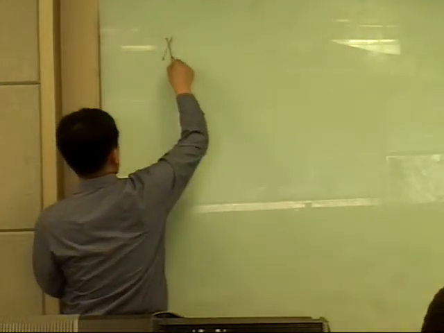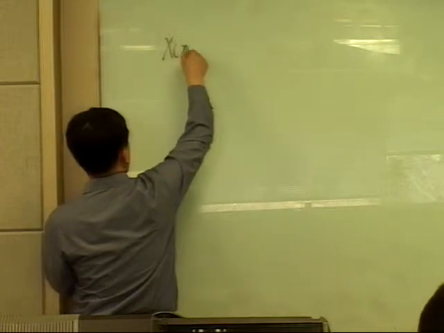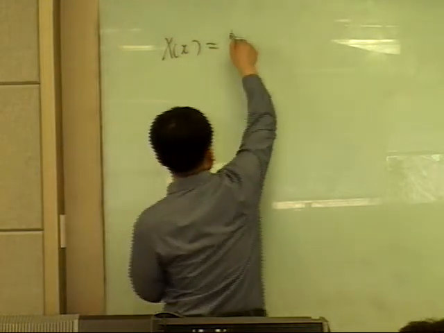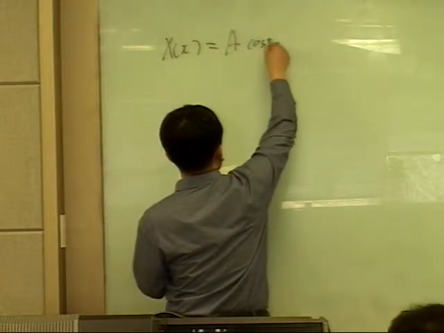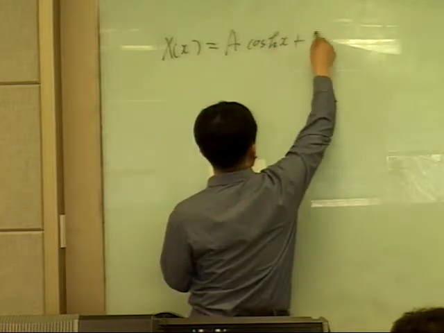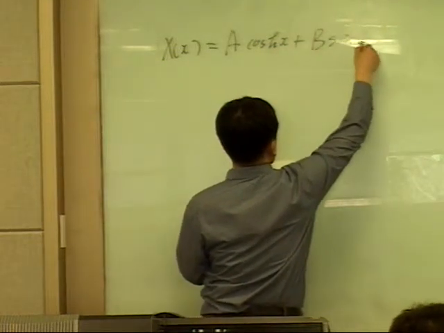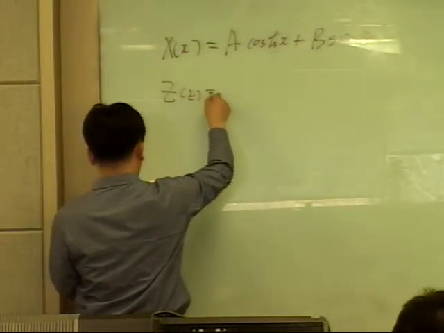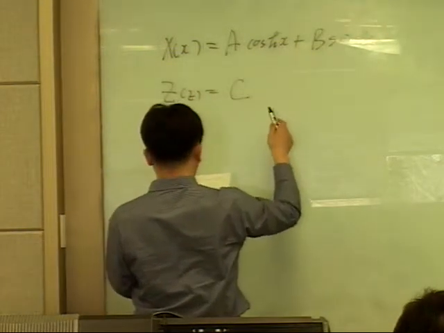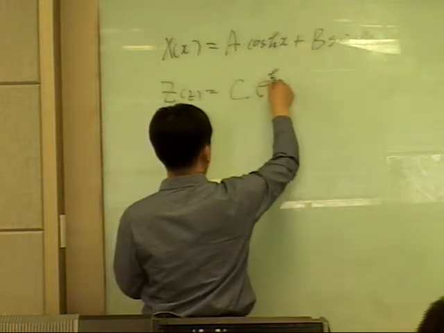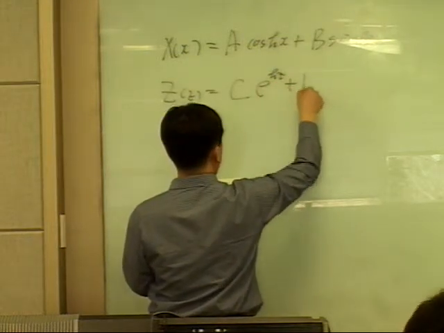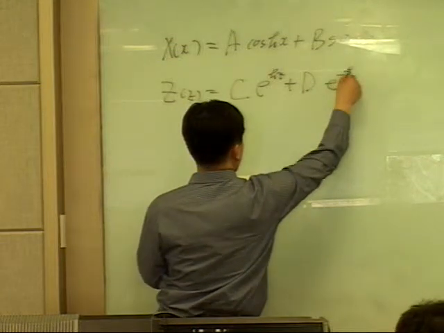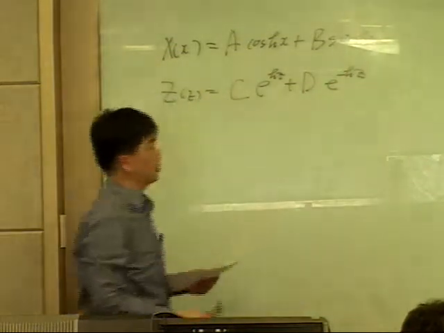So our solution about the x is A cosine kx plus B sine kx, and g equals C e^kg plus D e^minus kg, right?